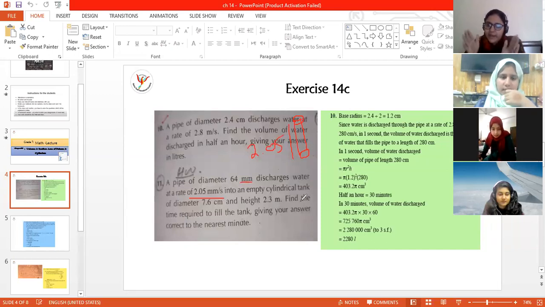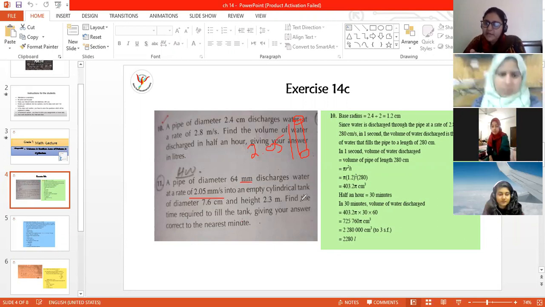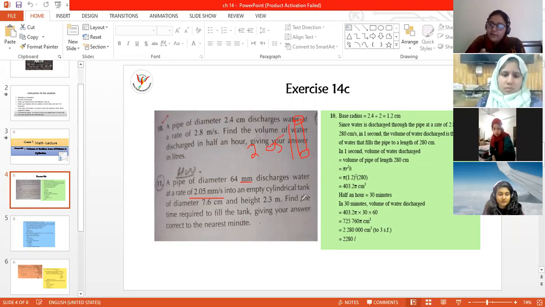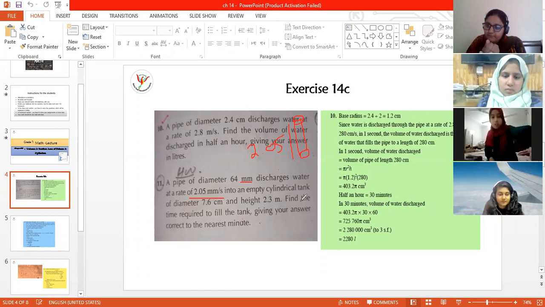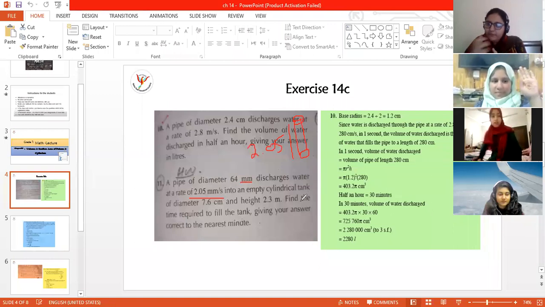And there is an empty bucket which is of cylindrical shape, and you have to pour the water from the pipe to the empty bucket, which has a diameter of 7.6 centimeter and height of 2.3 centimeter. Now you have to fill the bucket with the water in your hand with the pipe, right?